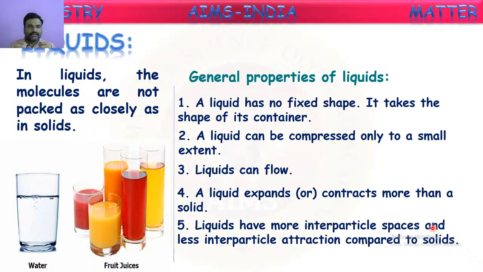In liquids, molecules or particles are loosely packed, we said. So the distance is a little greater when compared to that of solids. By coming to attractions, as they are loosely packed, the attractions between the molecules are somewhat less when compared to solids. So interparticle attractions are less in liquids when compared to solids. So spaces are greater, attractions are less by comparing with solids in case of liquids.